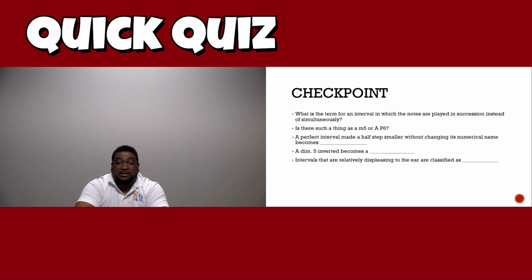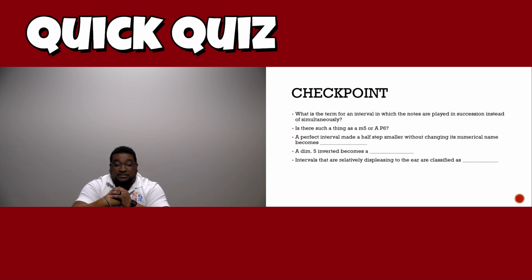A perfect interval made a half step smaller without changing its numerical name becomes what? Remember, if it's a perfect interval and you make it smaller, it then becomes a diminished interval. A diminished fifth inverted now becomes what? So if we flip five, remember that number nine, then we become a fourth, an augmented fourth.